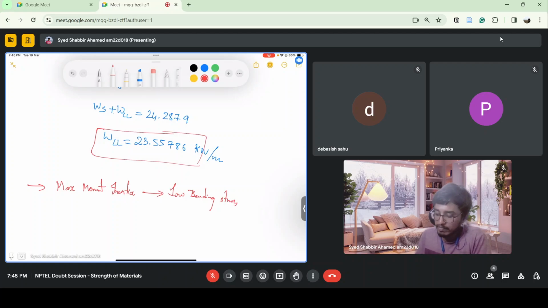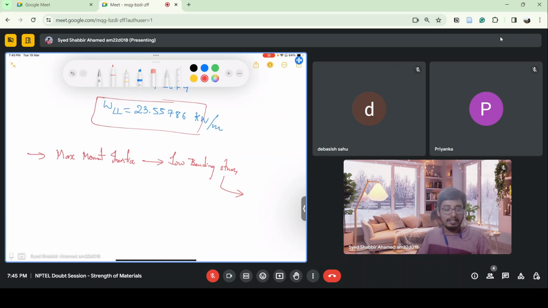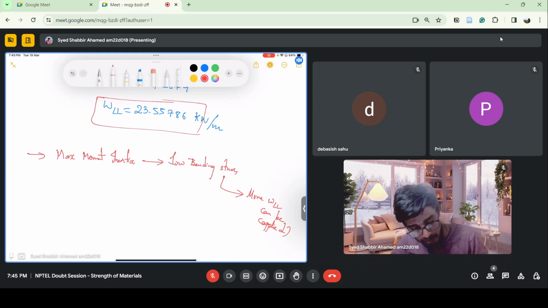Low bending stress means it can be lesser than the permissible stress, and more live load can be applied. Subject to everything being same, length is same, area of cross section is same, but moment of inertia varies. So that's how we can see various effects.